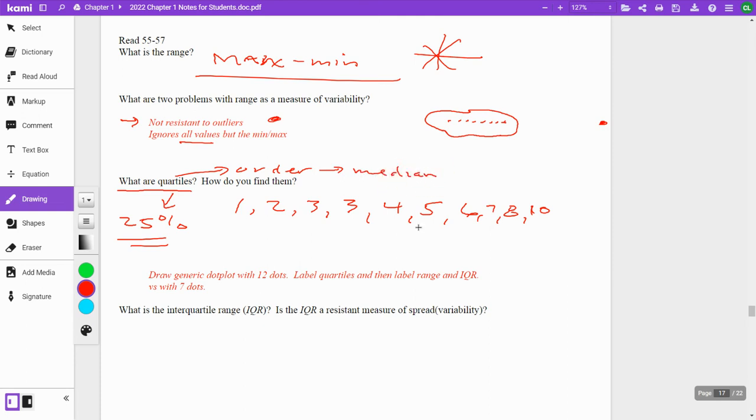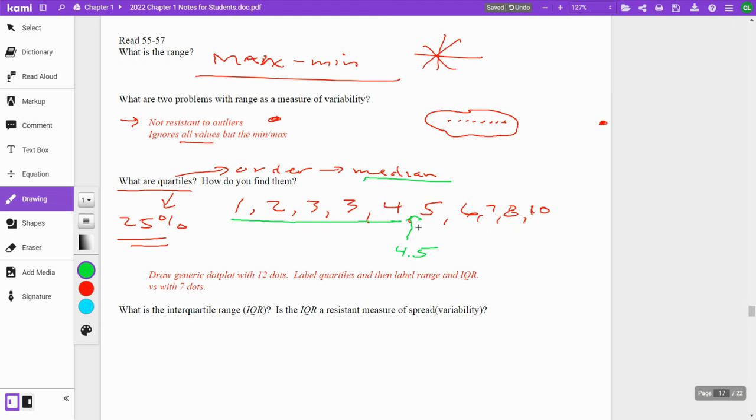So let's find the median first. I'm going to do the median in green for you guys. So I've got a list of how many numbers? 1, 2, 3, 4, 5, 6, 7, 8, 9, 10. So that means 1, 2, 3, 4, 5. So my median is right in the middle here. If I take the average of those two, my median is 4.5. Then I'm looking at these numbers on the left here.